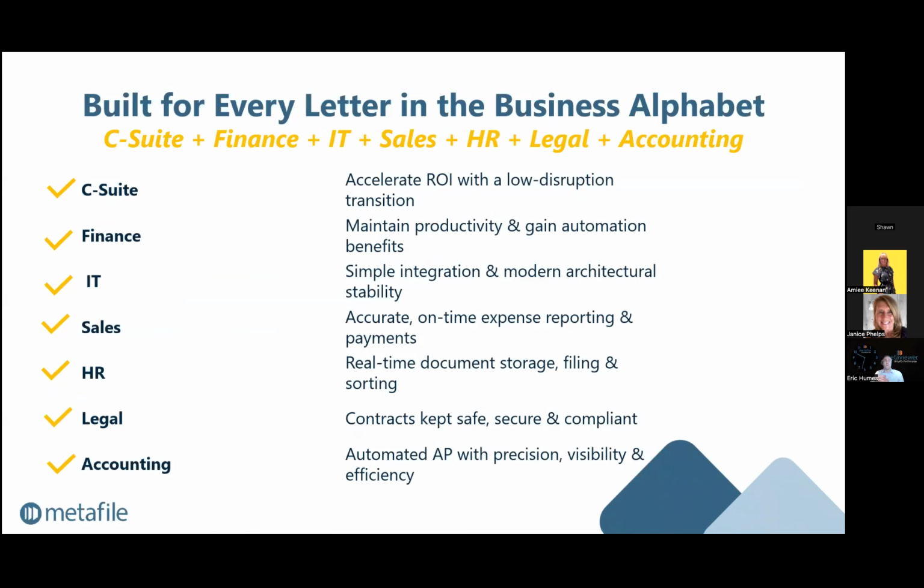Oh, and then, of course, the main letter in the alphabet, A. We're really focused on helping your automated AP with precision, visibility, and efficiency. But again, 45 years, we've been through a ton of different types of iterations. And so we're here to offer you that confidence as you make the move to BC.